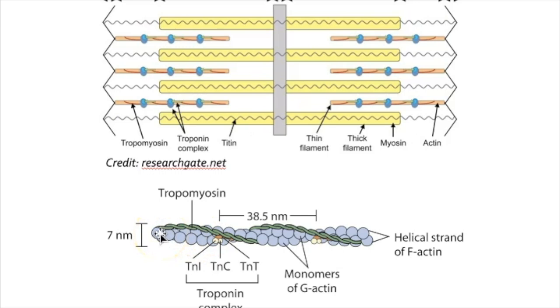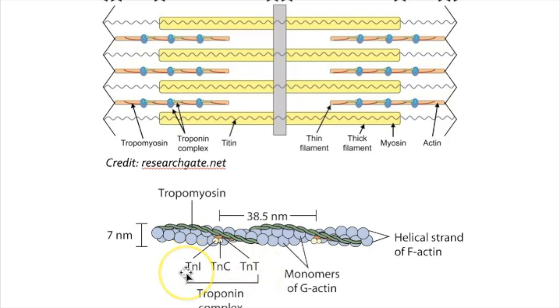But you'll notice that there is other protein associated with the thin filament, and these are regulatory proteins. The green protein that is elongated and looks a little bit like a licorice stick is tropomyosin. The much smaller yellow and orange protein is troponin. Troponin has 3 separate areas within it.